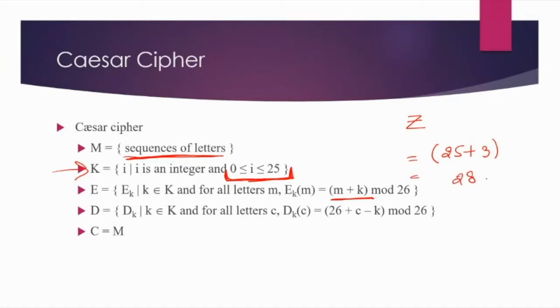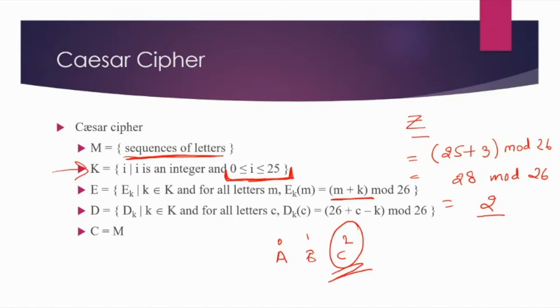For this you have to take mod 26, which gives you 2. So A, B, C is 0, 1, 2, and you replace Z by C. This is the encryption algorithm, and the reverse of this is the decryption algorithm.